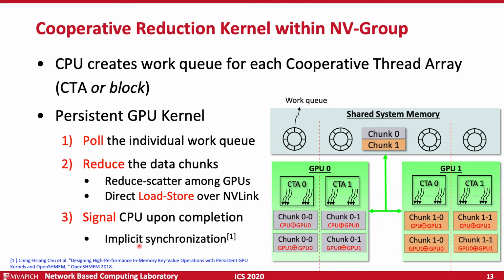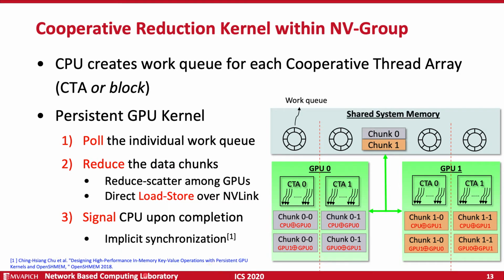This is an implicit synchronization because we are using a persistent GPU kernel, so we are not synchronized at the kernel boundary. We just tell the CPU we are done, then go back to see if there is more work to do.